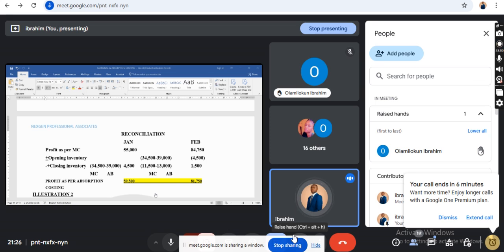The one of year 1 and year 2, I think I did a pre-recorded video on absorption costing, so you will do the one on marginal costing. The others too, you will attempt them. If time permits this night, we can look at one of the questions in the material.